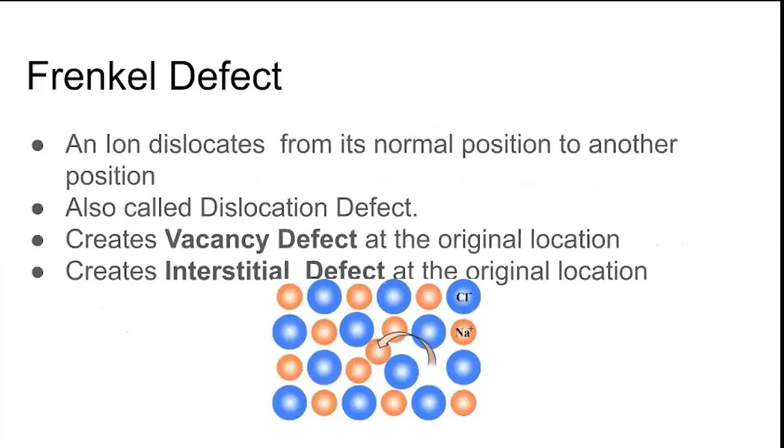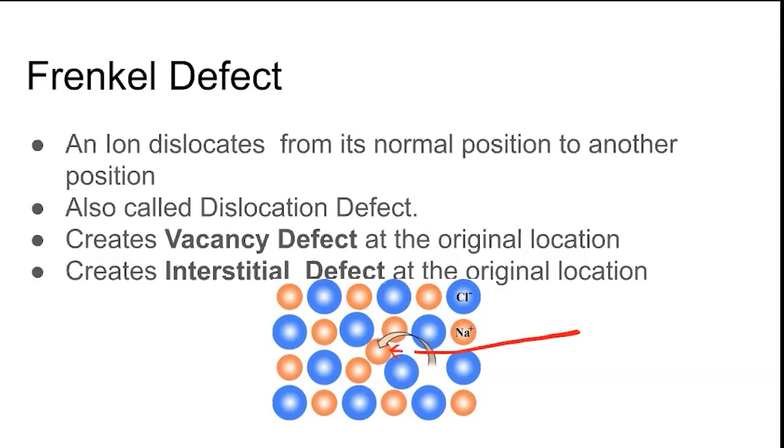Frenkel defect. The example again is NaCl, sodium chloride, common salt, the most common ionic compound. What is happening here? See this picture carefully. One of the sodium ions has gone to a different place.